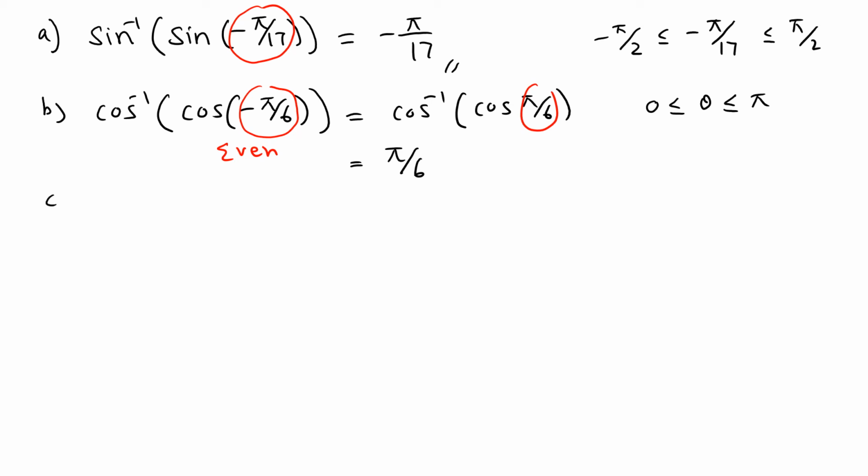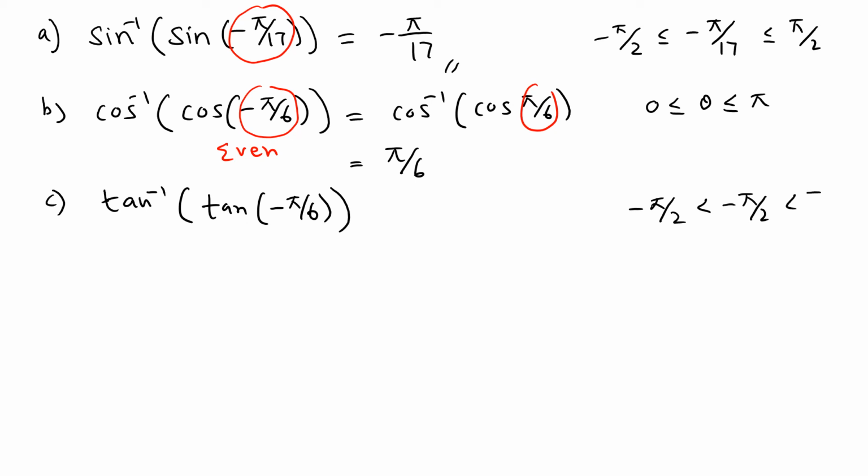Let's look at the next one. We have tan inverse tan of negative pi over 6. You can see negative pi over 6 is in between negative pi over 2 and positive pi over 2, so the cancellation property works for this problem.